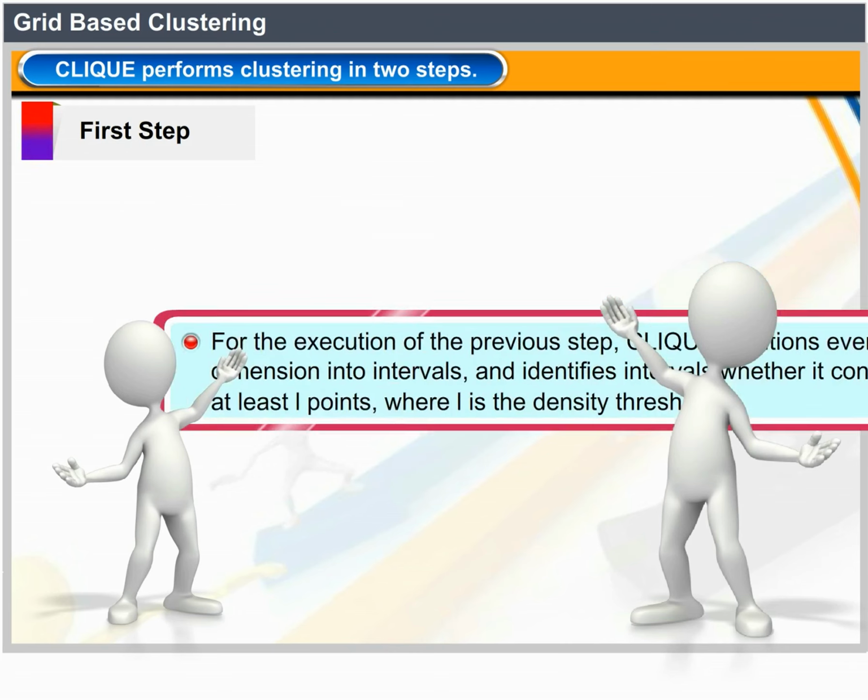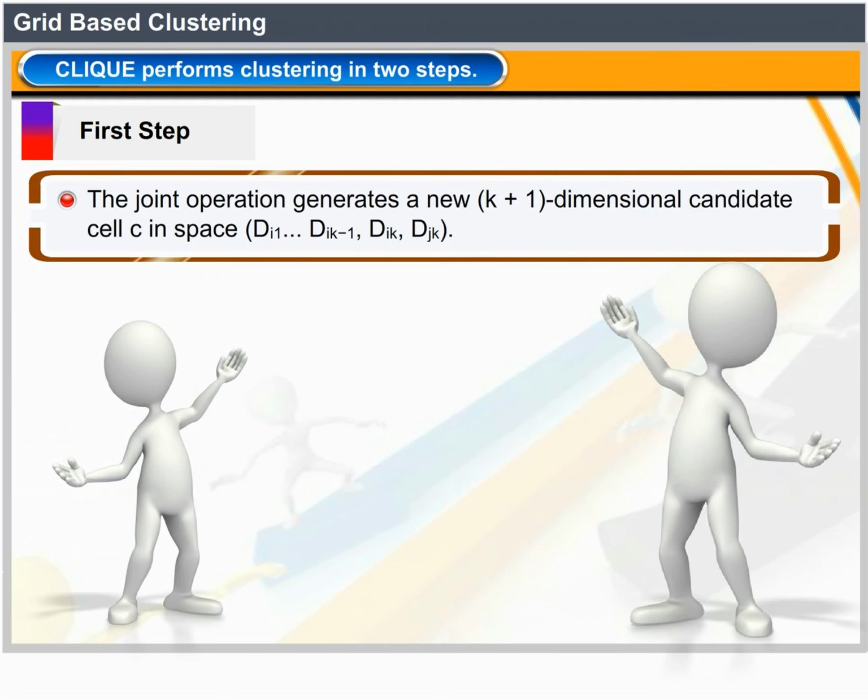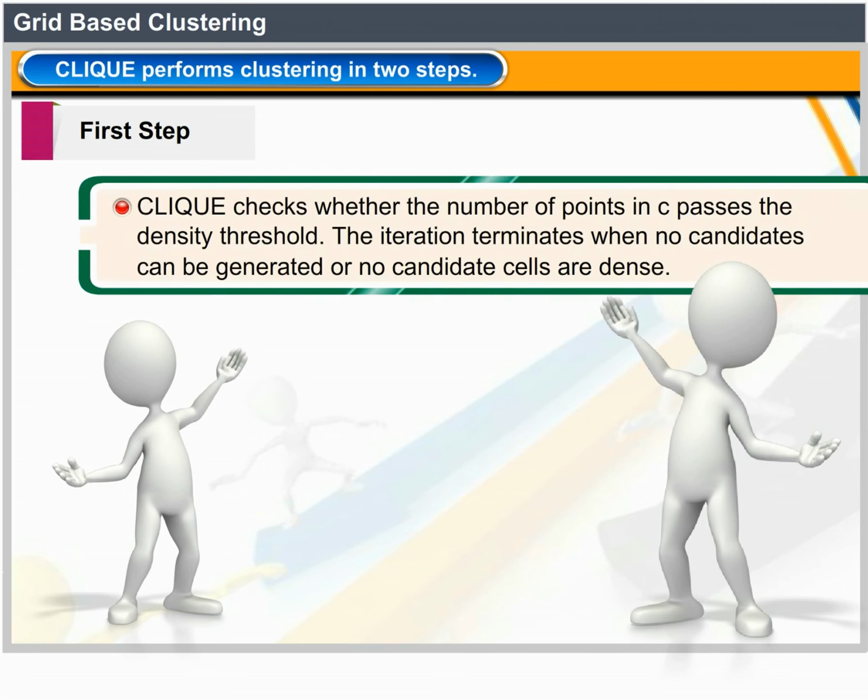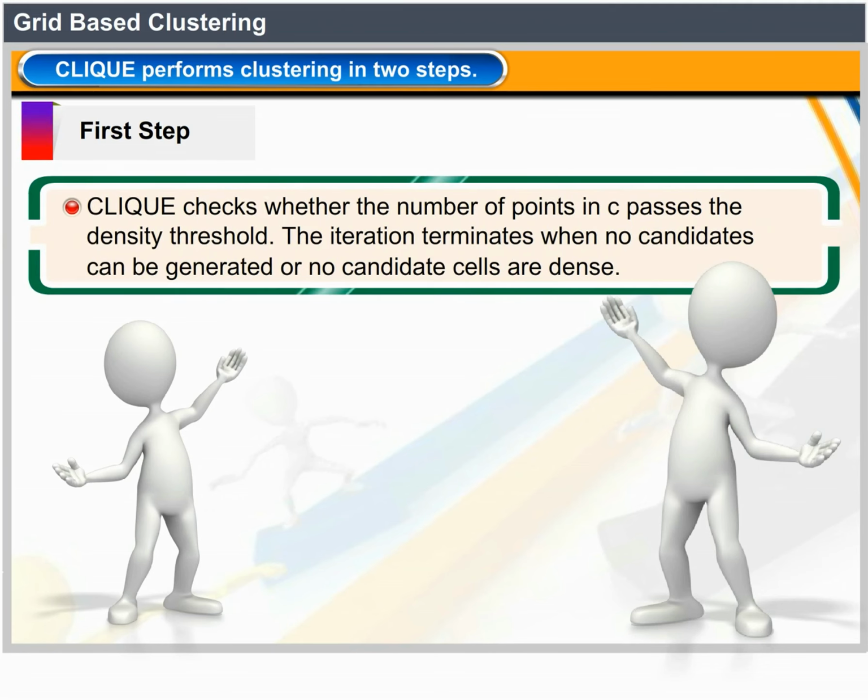The join operation generates a new k+1 dimensional candidate cell C in space (Di1, ..., Dik-1, Dik, Djk). CLIQUE checks whether the number of points in C passes the density threshold. The iteration terminates when no candidates can be generated or no candidate cells are dense.